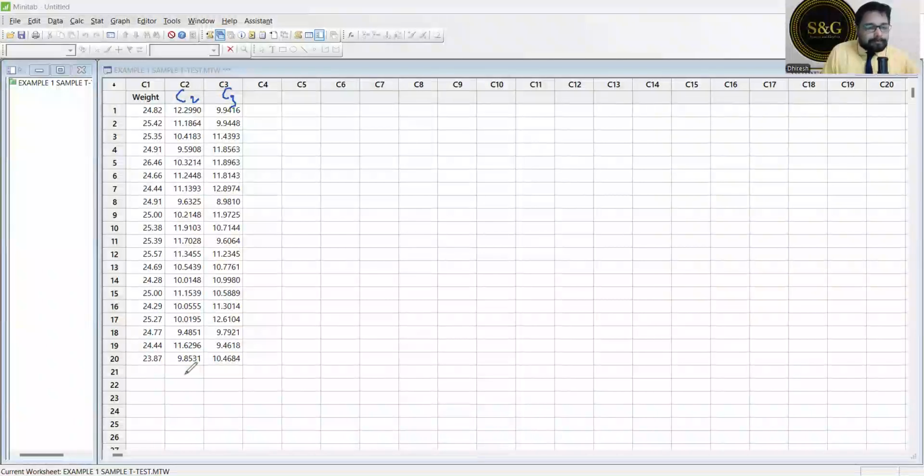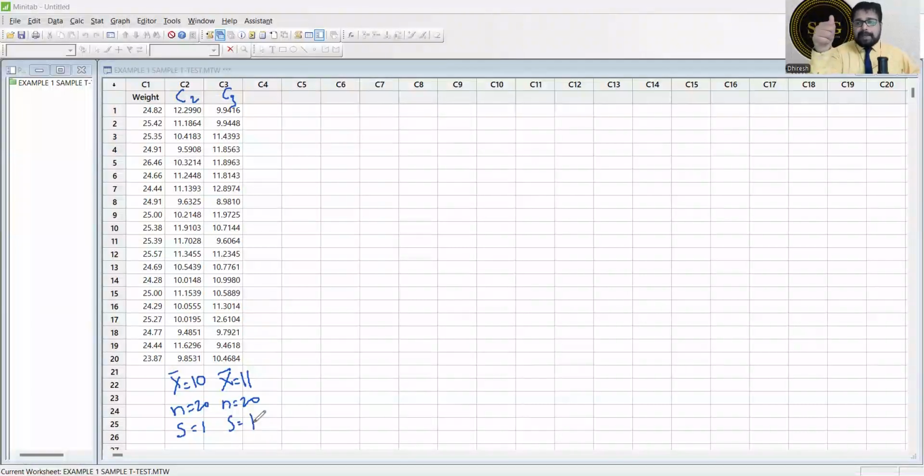For C2 column, the X bar is approximately 10. And here X bar is approximately 11. Number of data points are 20 each. So N is equal to 20. Standard deviation is equal to 1 for both.